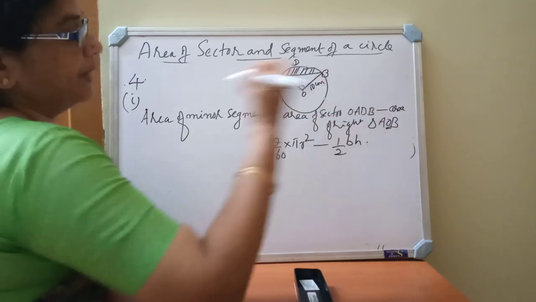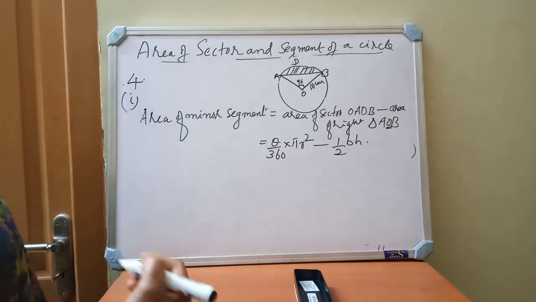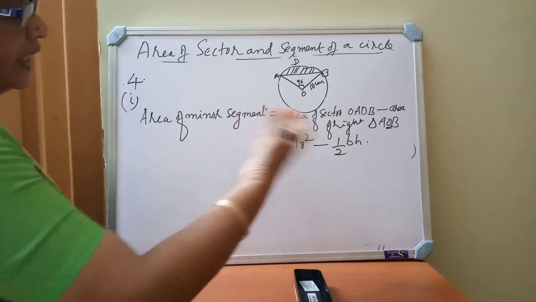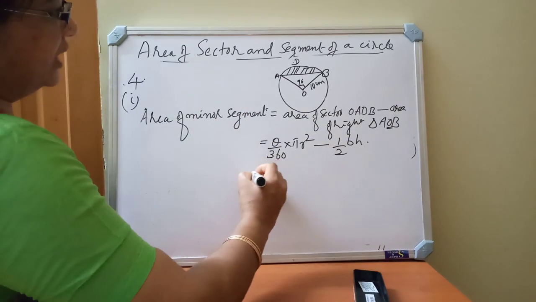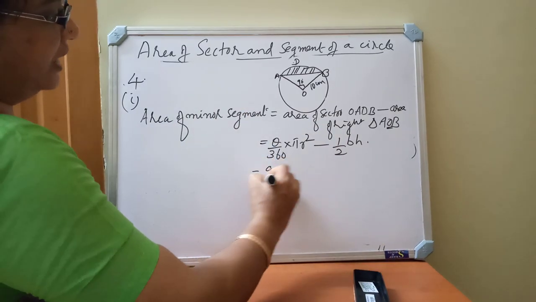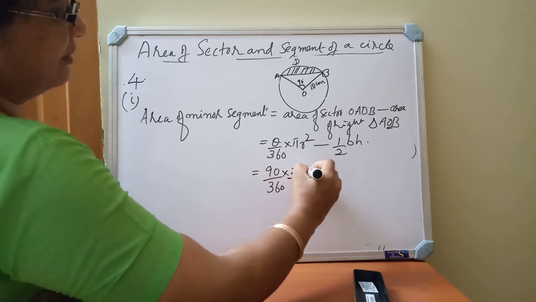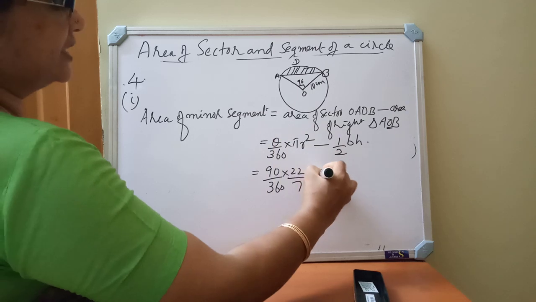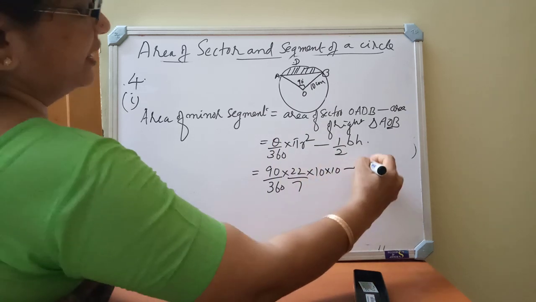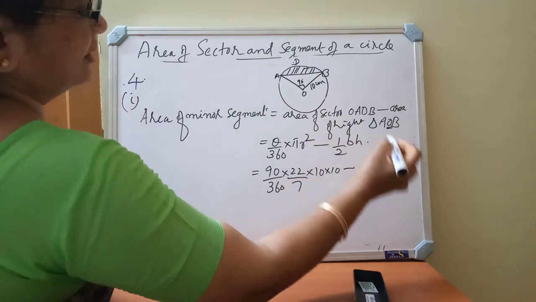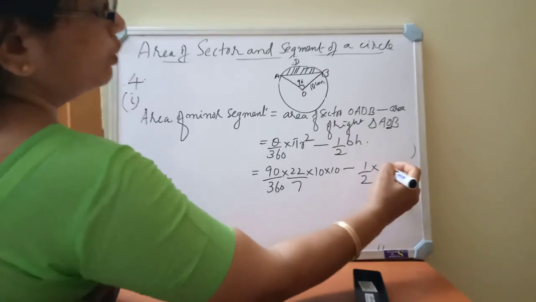So first I am writing the formula, then we can substitute the value. Instead of finding each one separately, we can do it together. Okay. So theta value is 90 degrees. So 90 by 360 into 22 by 7 into our radius is 10, 10 into 10 minus 1 by 2 into base and height both 10.